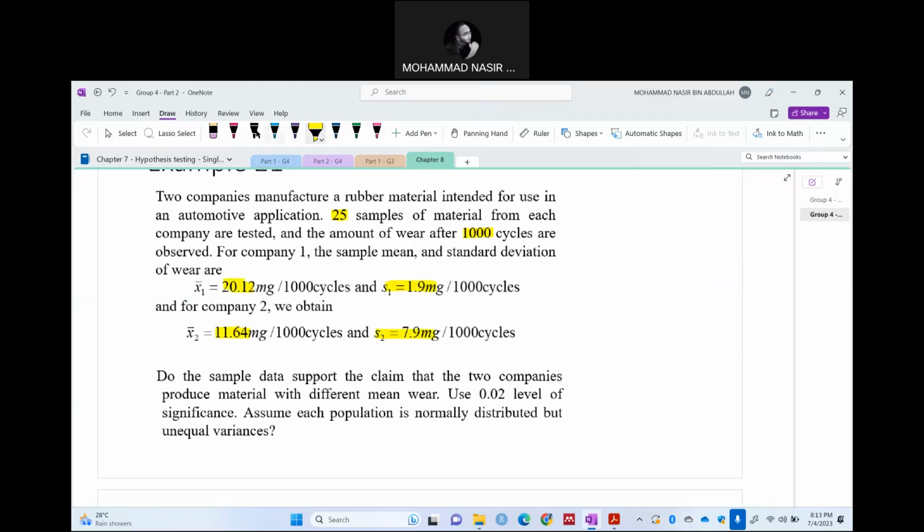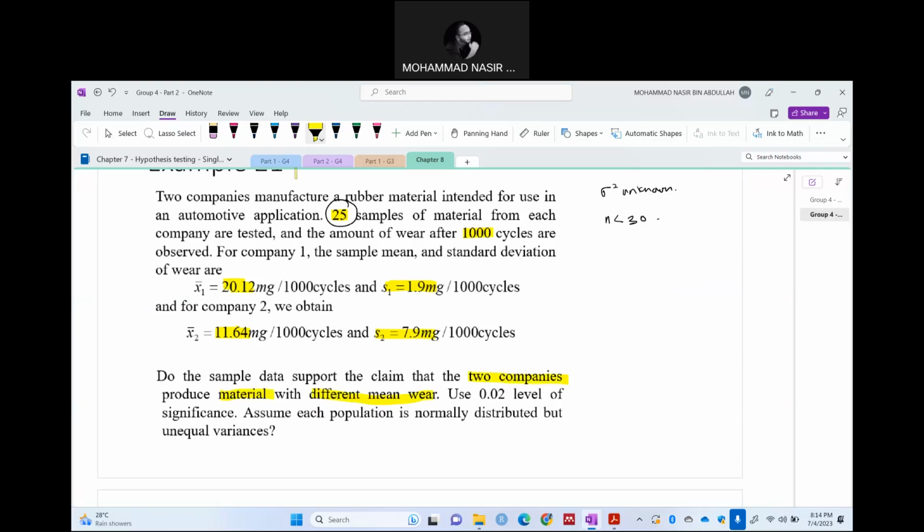So in this case, the population variance unknown, right? And we have a very small sample size and is less than 30. So we will use T distribution, right? So now read the following instruction. Do sample data support claim that two companies produce material with different mean wear?